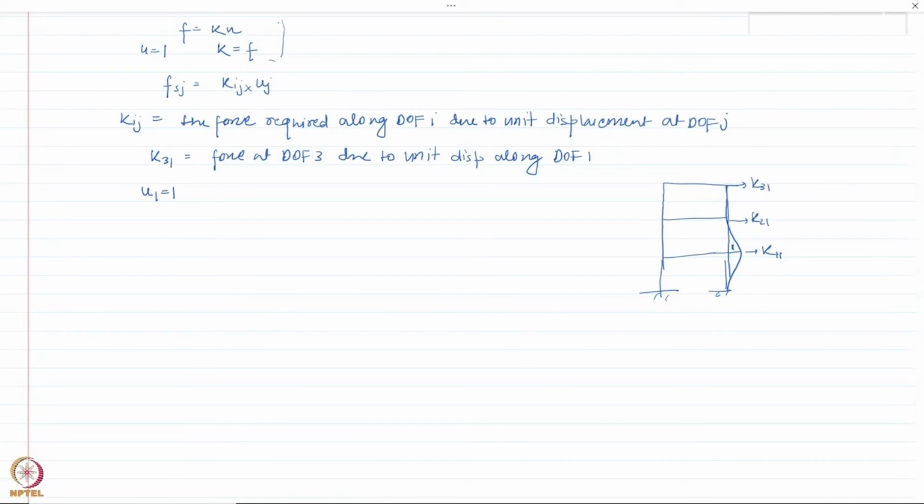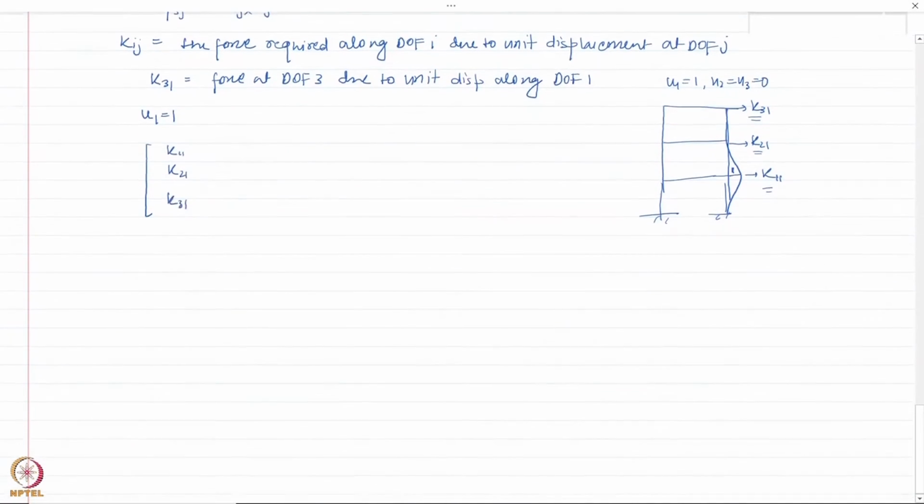These forces would result in a case where U1 equals 1 and U2 equals U3 equals 0. Now if you look at it, K31, K21, K11 are nothing but the first column of the stiffness matrix.